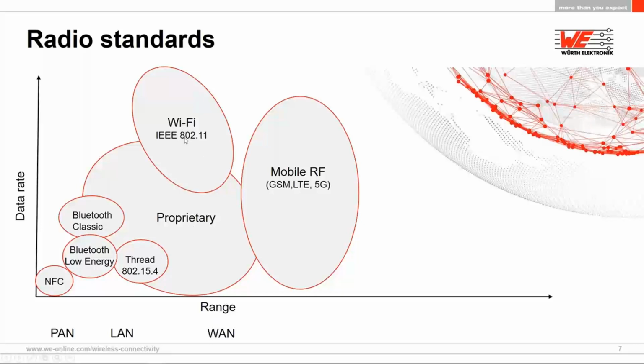So Wi-Fi in general has a fairly good range, very high data rate, whereas our proprietary radio modules probably have a bigger range. Now, obviously, LTE, 5G, and GSM, because of the repeater stations, have a very much bigger range. Bit of theory in the background.